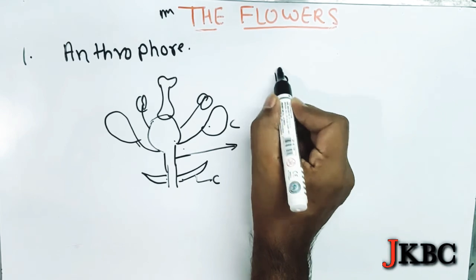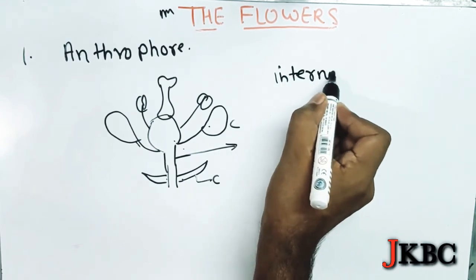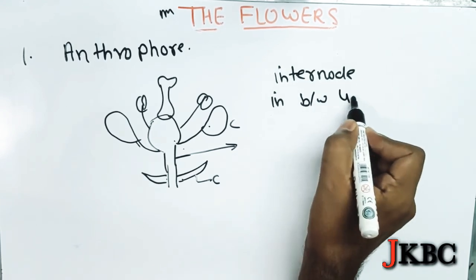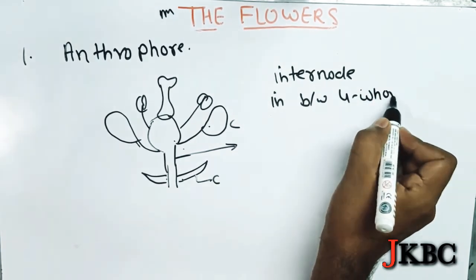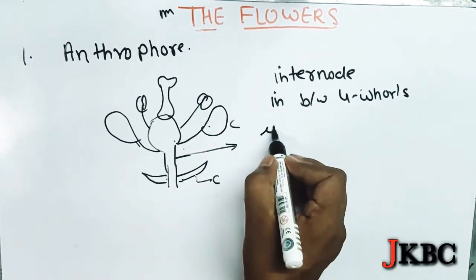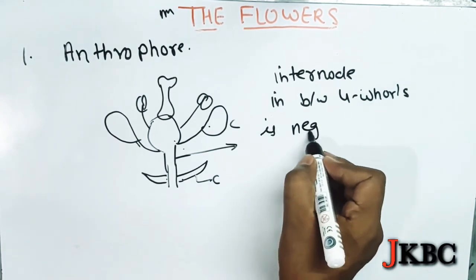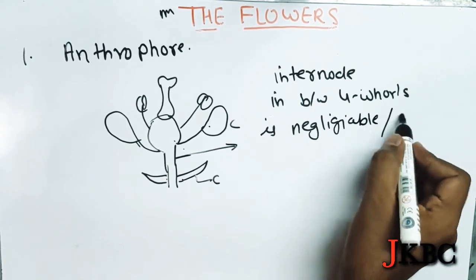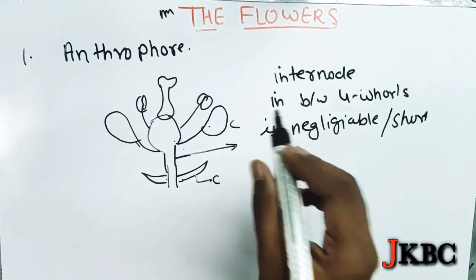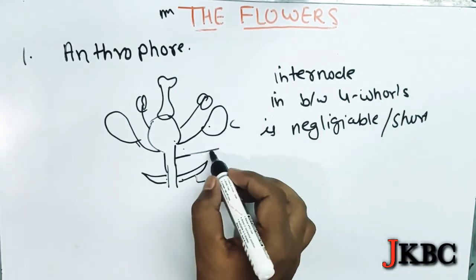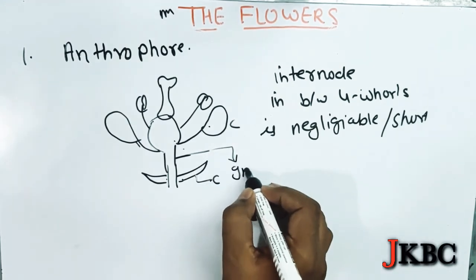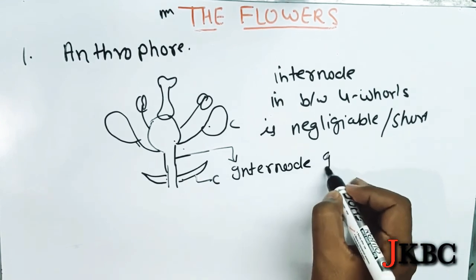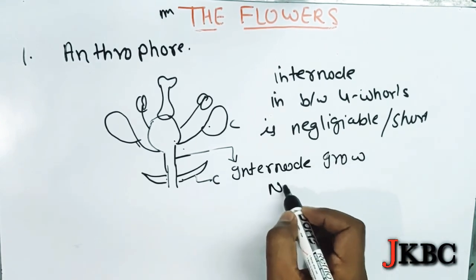Basically, you know about that. The internode in between these four whorls is negligible, or very short. But here this internode grows normally.